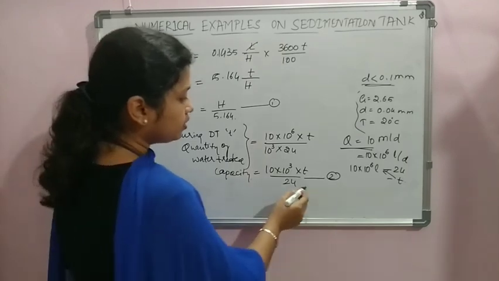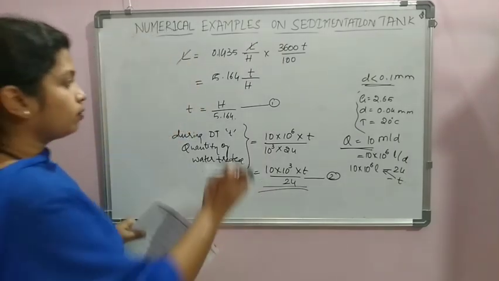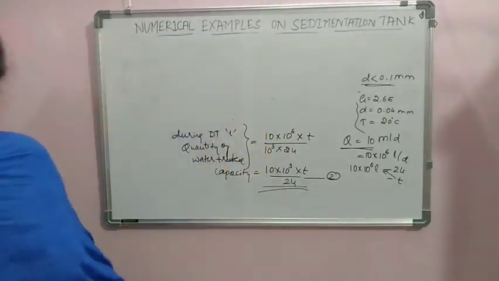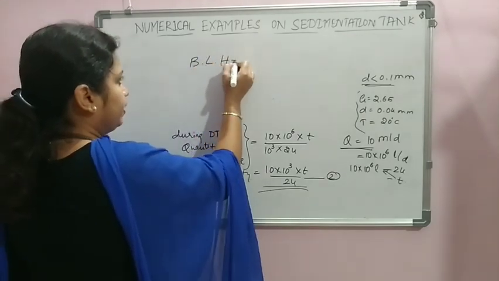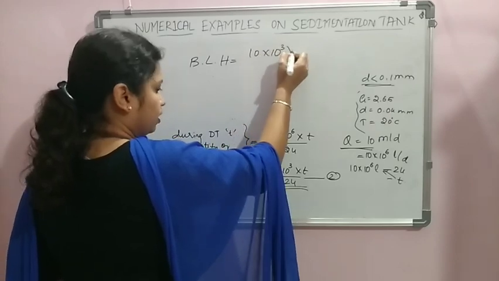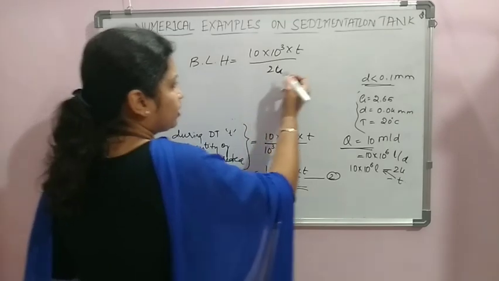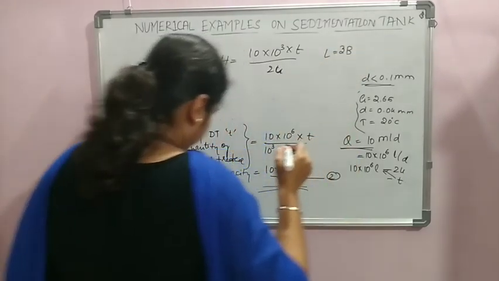If this is the capacity for which we need to design the tank, then breadth into length into height is equal to the capacity, which means 10 into 10 raised to 3 into T divided by 24. Let us consider L is equal to 3 times the breadth.